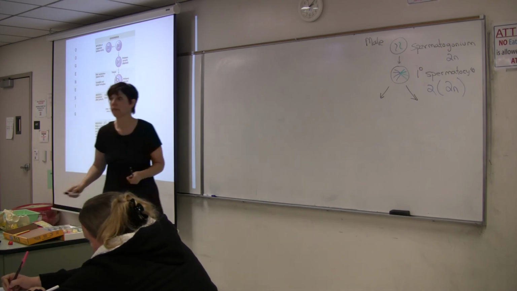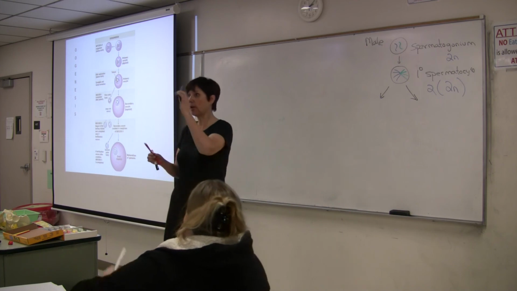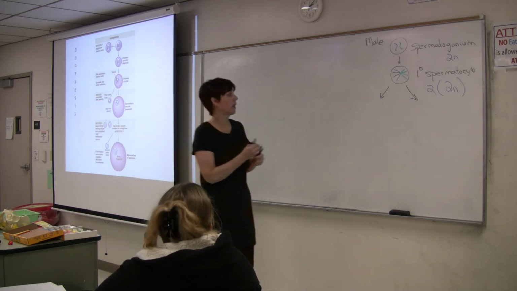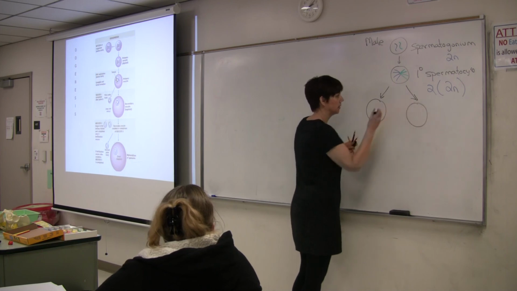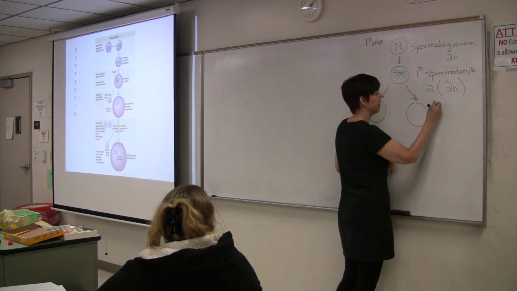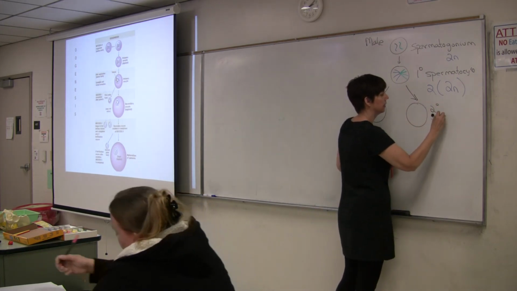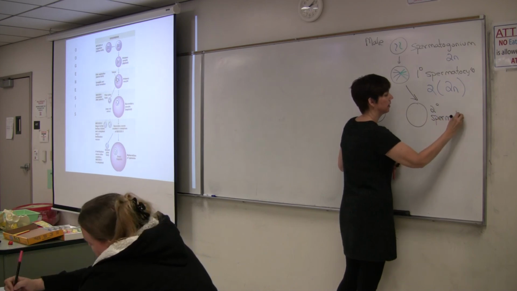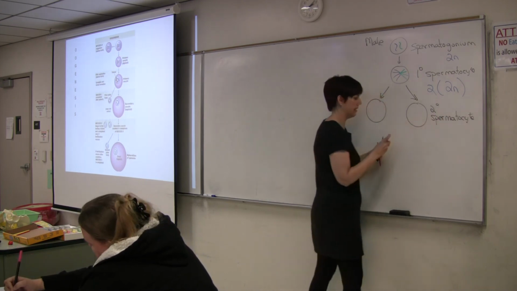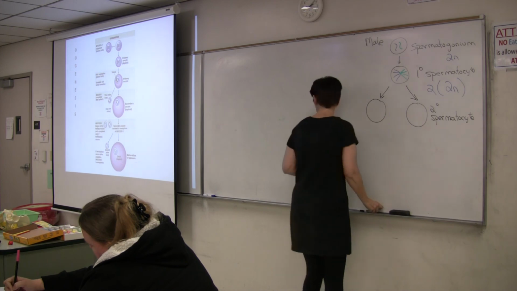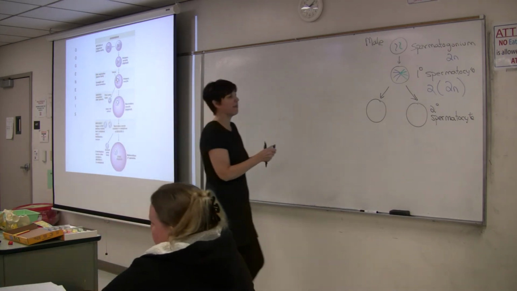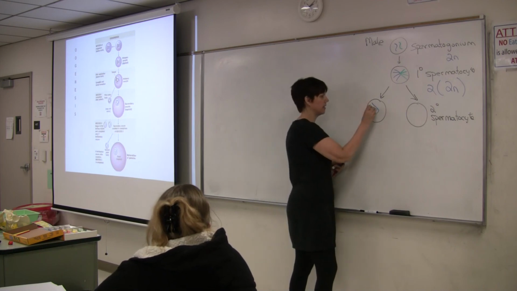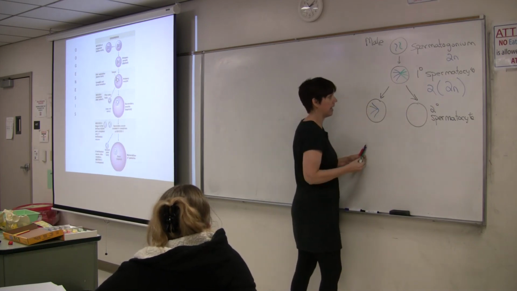The two sisters, right? The sister chromatids stay together. So this is a secondary spermatocyte. I'm not drawing the crossing over just because if we covered that, it would take time.